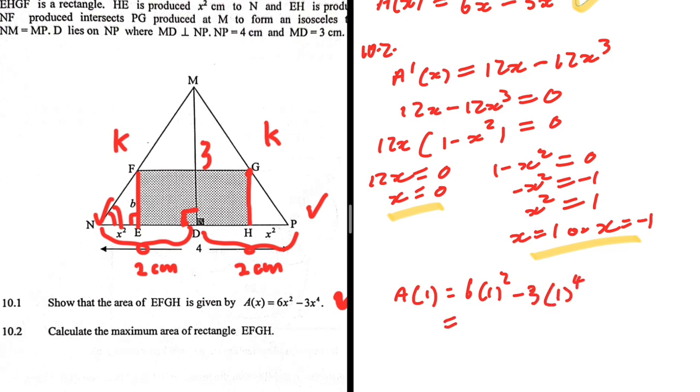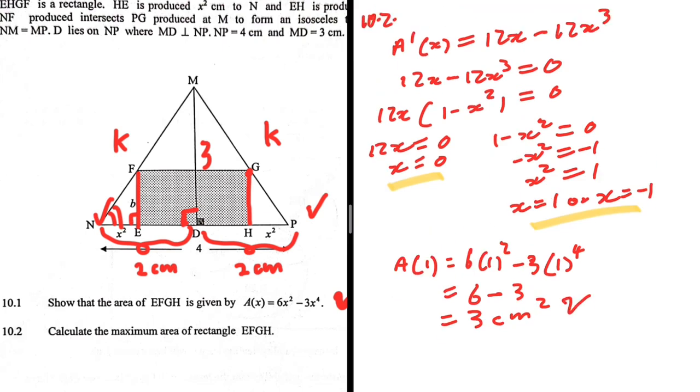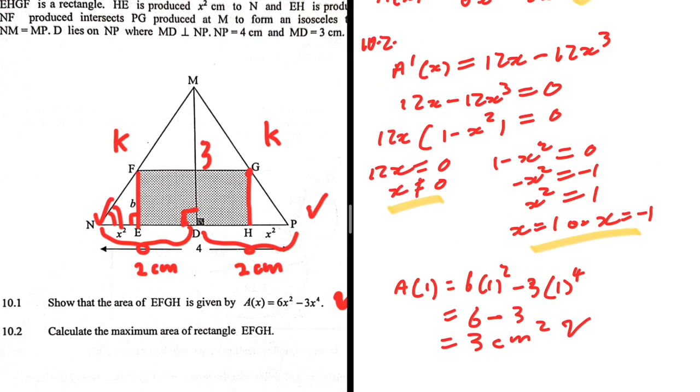So 6 times 1 squared is 6, minus 1 to the power 4 is just 1, and then we get 3 centimeters squared. So between these two, we go with x is equal to 1 or x is equal to minus 1, because when you substitute 0, we get 0. When you substitute 1, we get 3. I wonder if there's any other value that will give us more than 3.